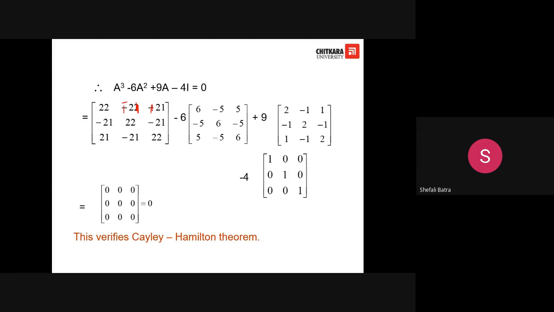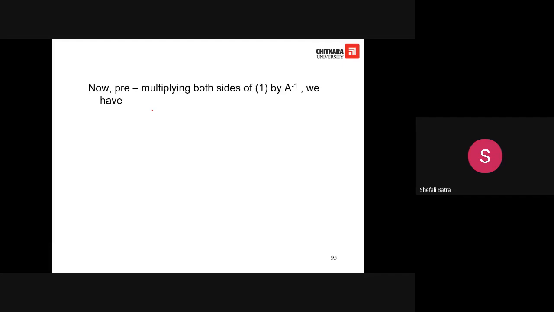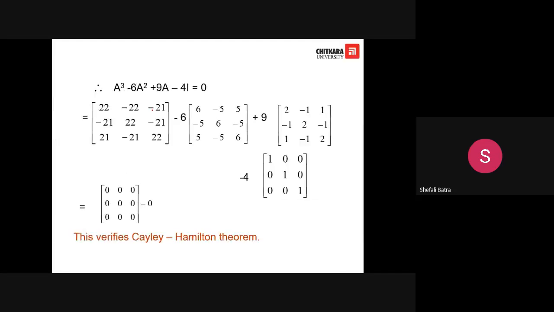Now, we need to find out the inverse of that matrix. So what you will do, pre-multiplying with A inverse. So what it would be?